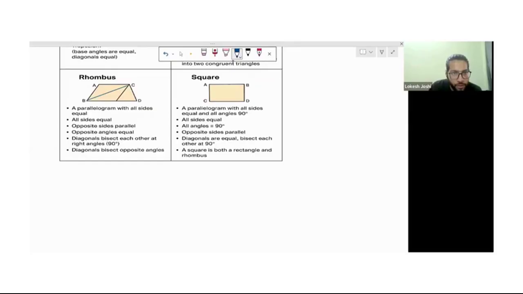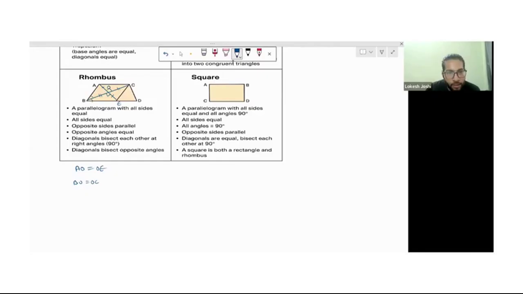Suppose these are the diagonals, then they bisect each other at 90 degrees, which means this angle is 90 degrees and these are equal, which means if this is O, then AO is equal to OC and BO is equal to OD. And diagonals bisect opposite angles also, which means this.